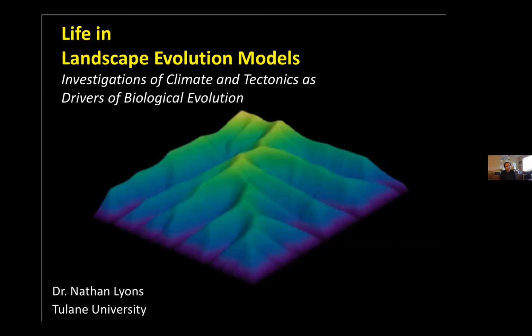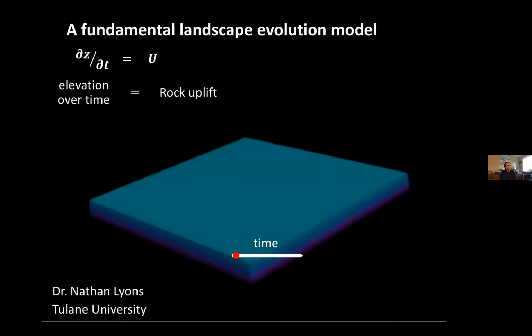And I'm going to show you a couple of examples from Dr. Nathan Lyons from Tulane University, who was a postdoc working on Landlab. And I think he's currently a research scientist. And I will be showing a couple of examples after this on landscape evolution.